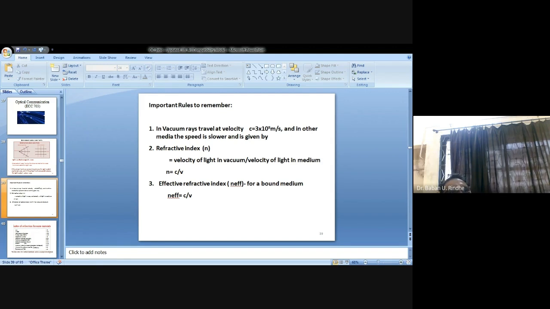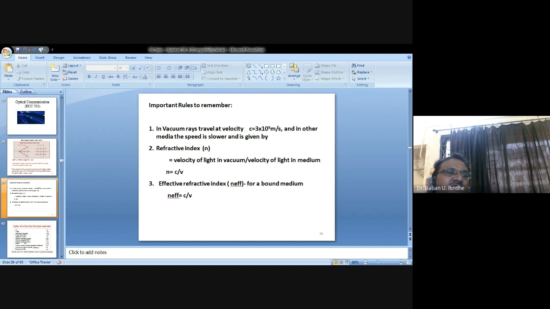Then indium phosphide InP is 3.21, gallium arsenide GaAs 3.35, silicon, not silica, silicon Si is 3.48, and fused silica SiO2 is 1.46. Indium gallium arsenide phosphide InGaAsP is 3.51, aluminum gallium arsenide AlGaAs is 3.6, and germanium is 4.